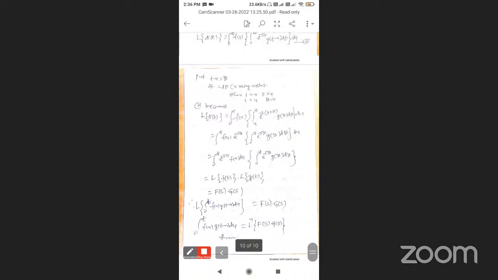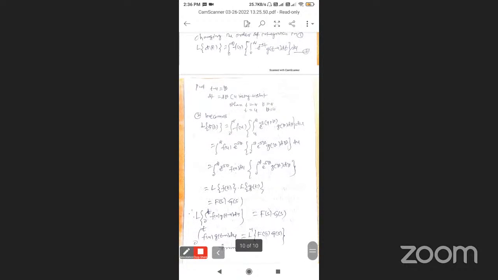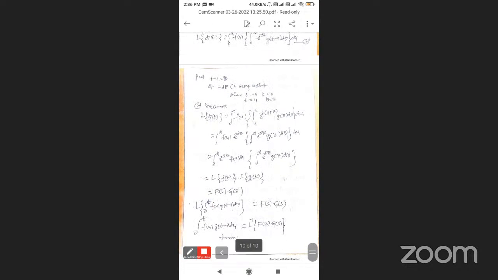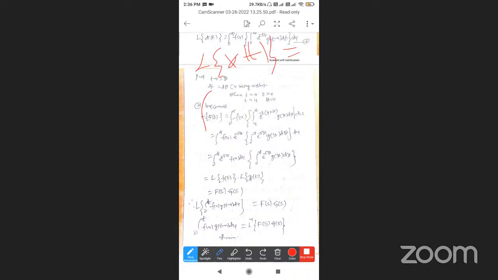So what is the second equation now? The Laplace transform of phi of t is equal to, with the limits changed, the integral from 0 to infinity of f of u, times the integral from 0 to infinity of e power of minus s into (u plus nu) into g of nu d nu du.